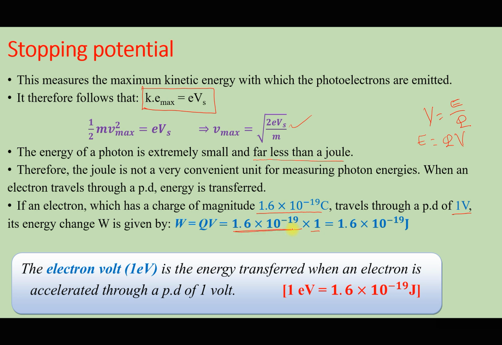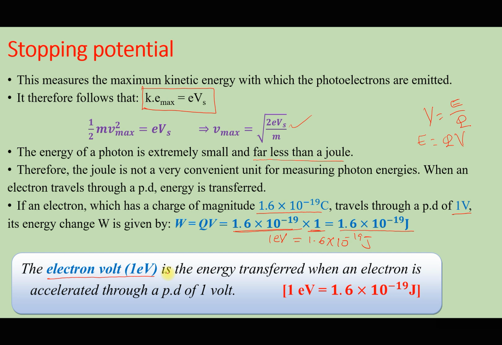So this is an electron and this is a volt. This gives us 1.6 times 10 to the power of minus 19 joules. So it appears as if one charge of an electron times 1 volt is the same as 1.6 times 10 to the power of minus 19 joules. So it means the electron volt is going to be a convenient unit to be used for the energy of a photon.